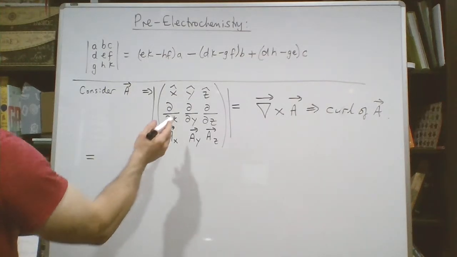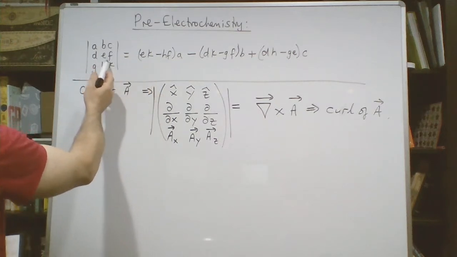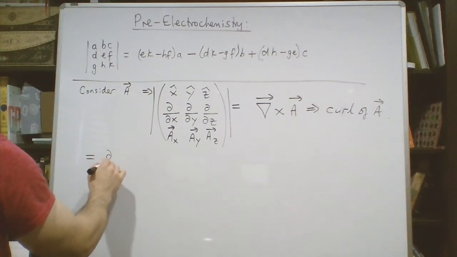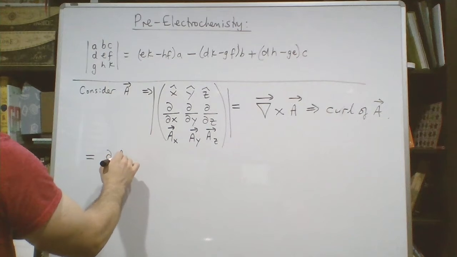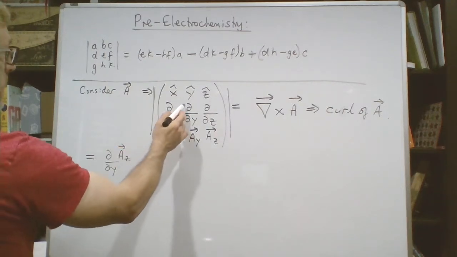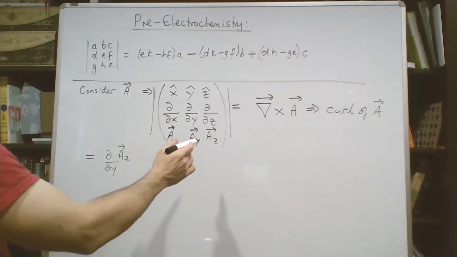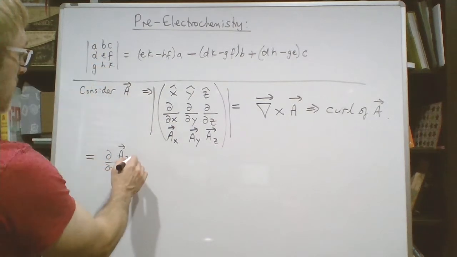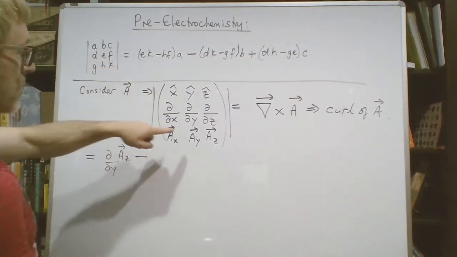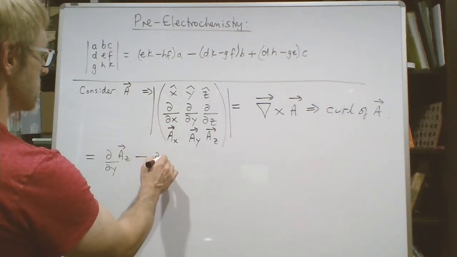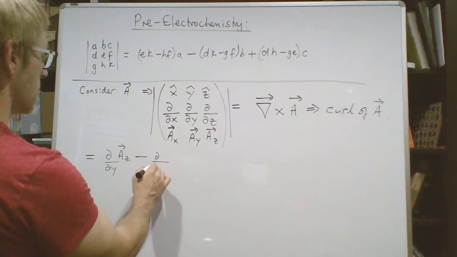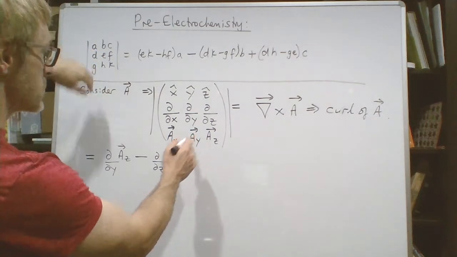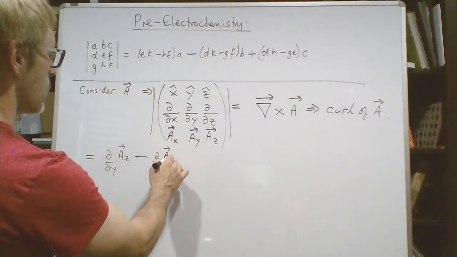Okay, so it equals, so I need EK, so if I look here, this is E and that's K. So it's going to be d by dy, so E is d by dy, K is AZ, so that's EK, minus HF, this is H and F, so it's d by dz, and then F, H and F, H is going to be AY, so AY.